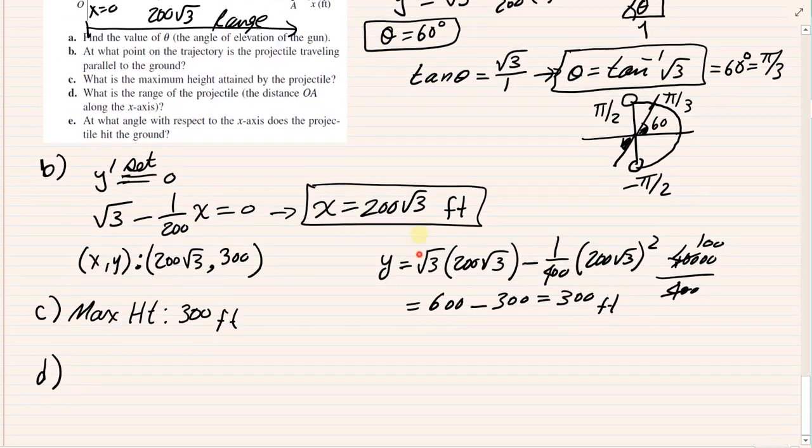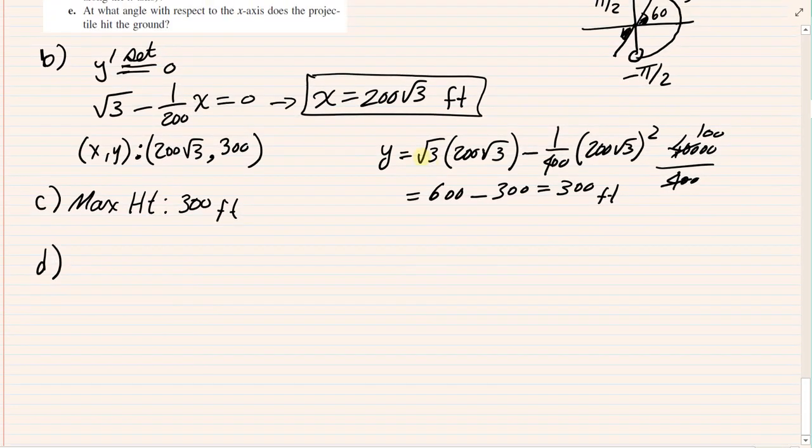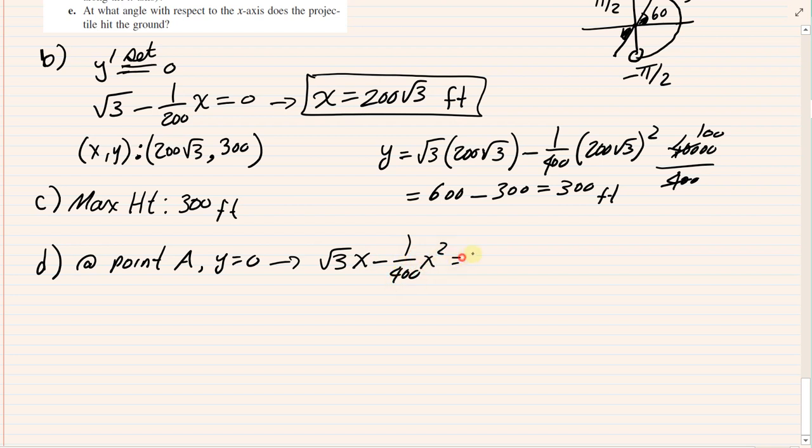At point A, we know that y is 0, right? Because it's touched the ground. So we're going to set root 3 x minus 1 over 400 x squared equal to 0 and solve for x.